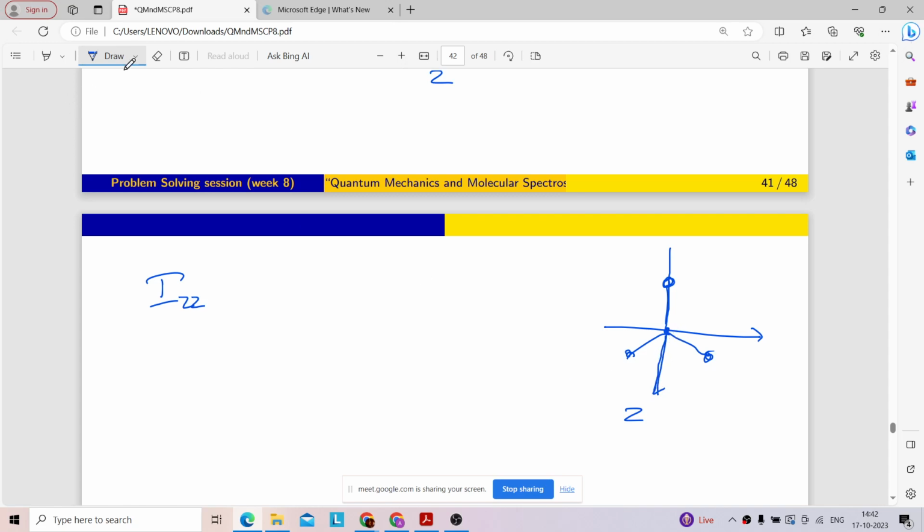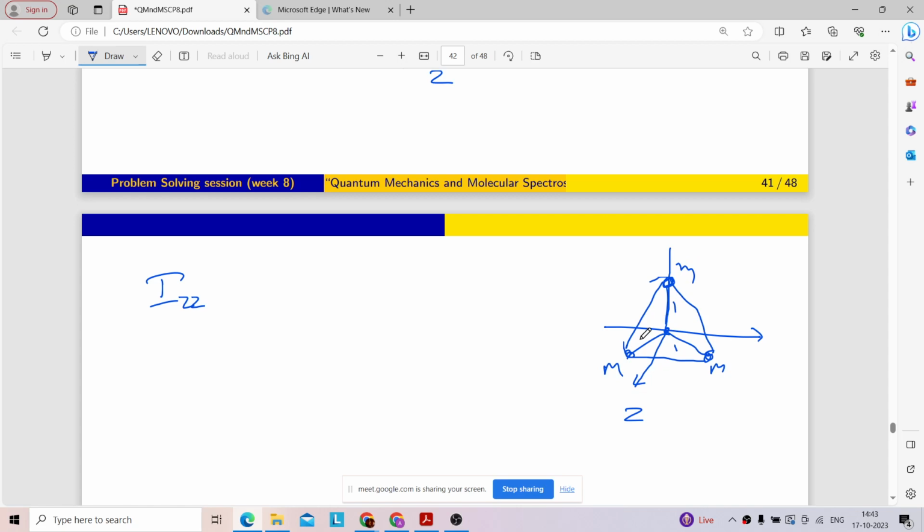Let me draw this z-axis properly. Every mass is at the same distance, 1, from this z-axis.